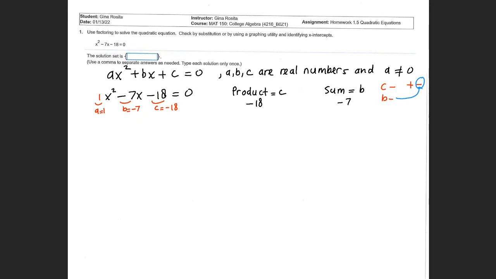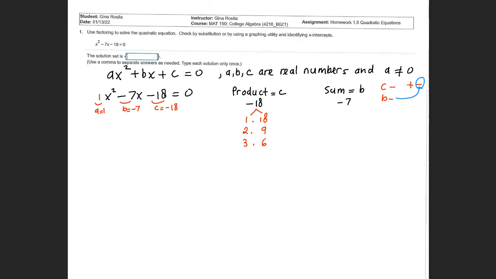So now we have to find the product first. Product negative 18. Don't worry about negative, just the product of 18: 1 times 18, 2 times 9, 3 times 6.